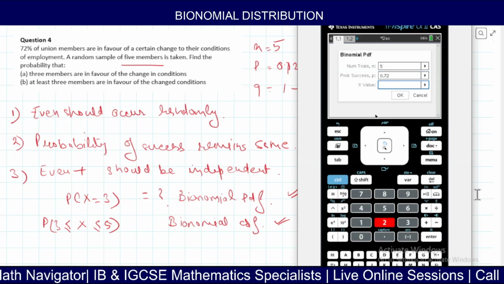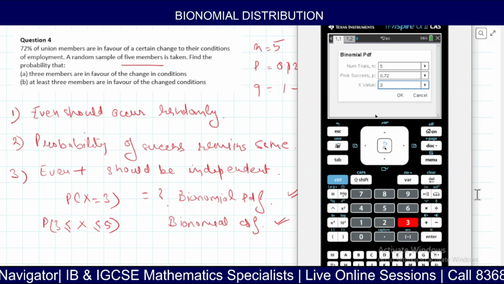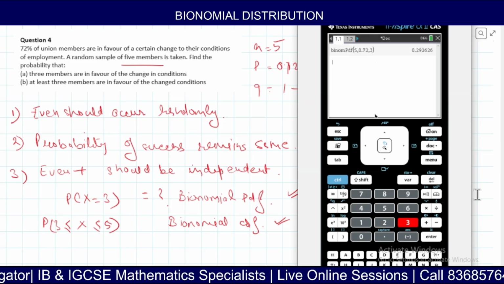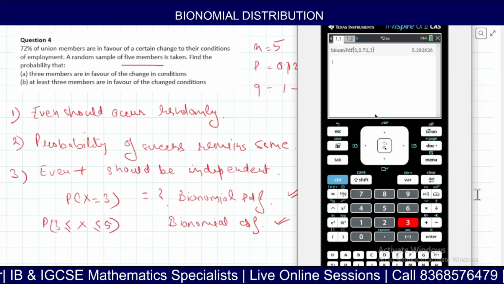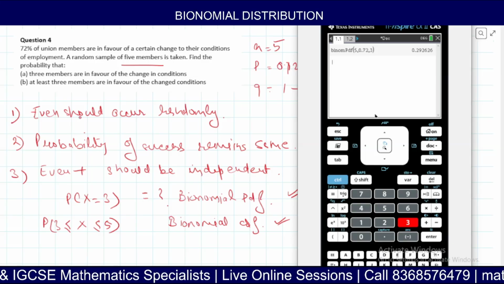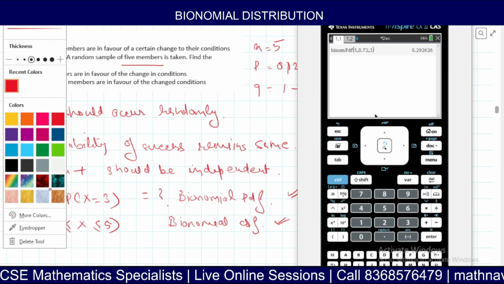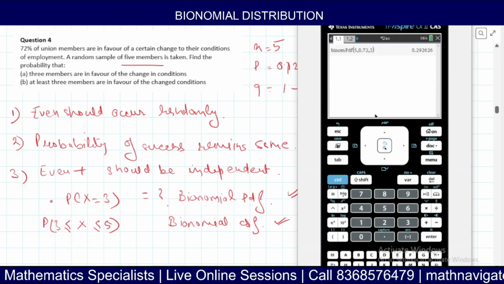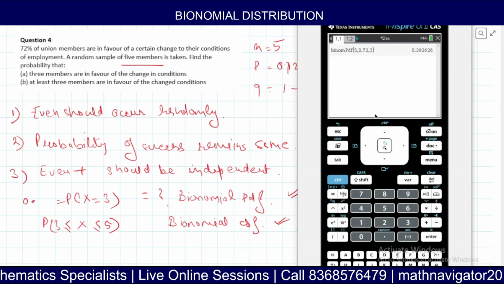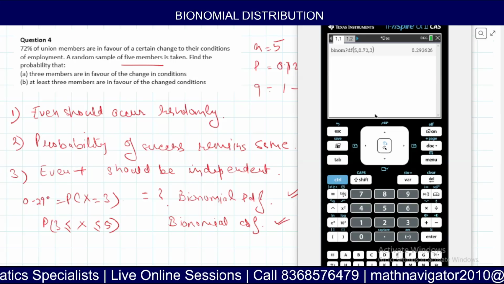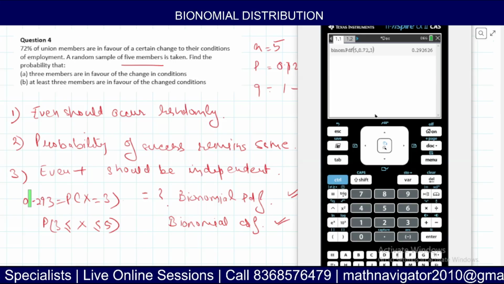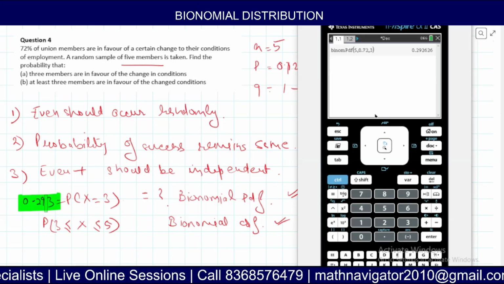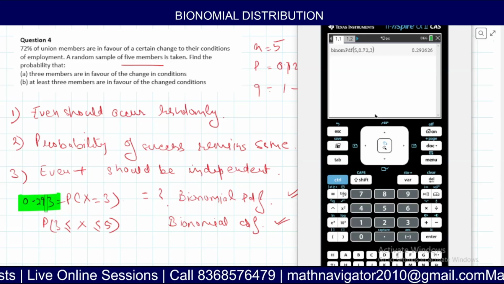X value is how many is the success? 3. Hit enter. So my answer for this part is 0.293. Right? So 0.293 is the probability of x is equal to 3.